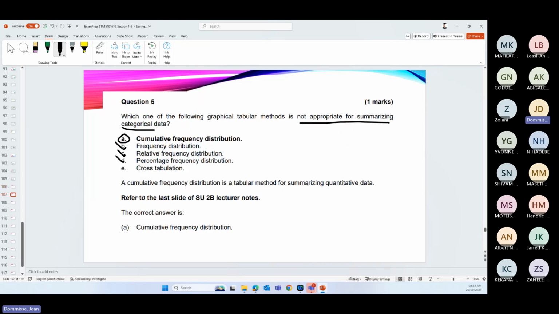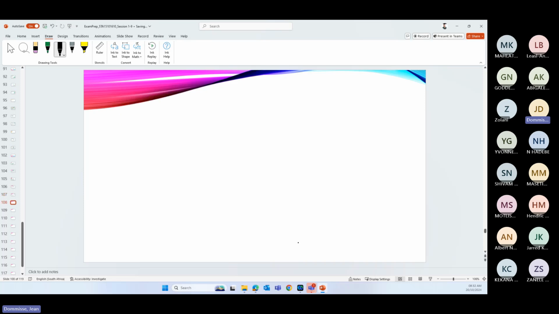And cross tabulation, also perfect, because that is what we do in chi-square, every time cross tabulation between two categorical data sets. So that is perfect. Okay, so let's go into a bit more of those.